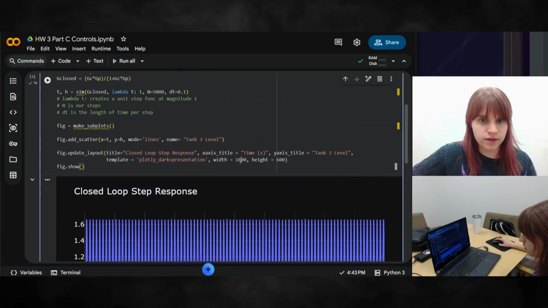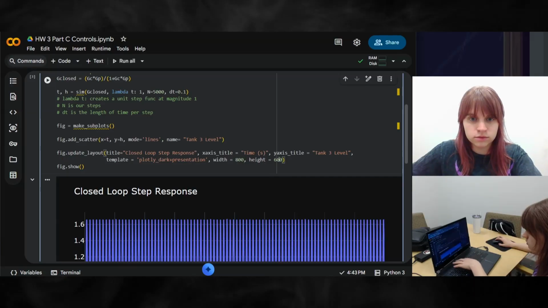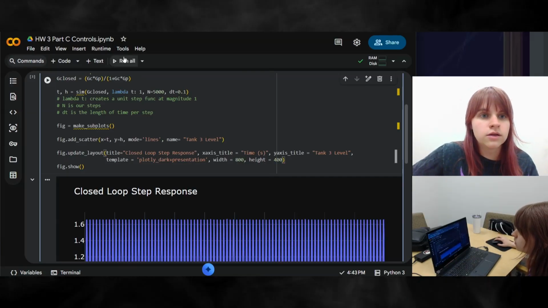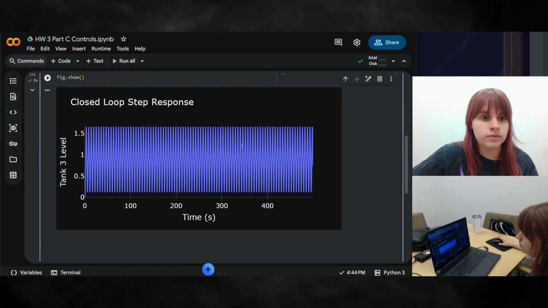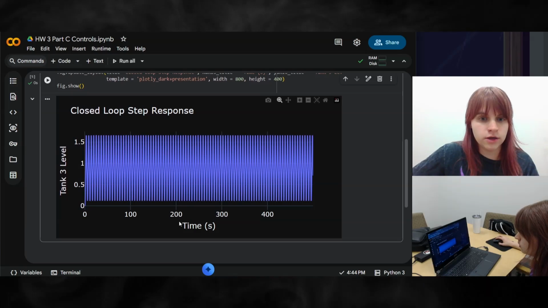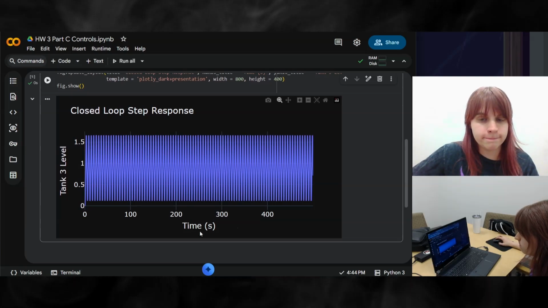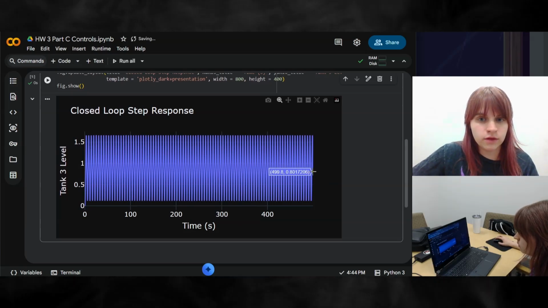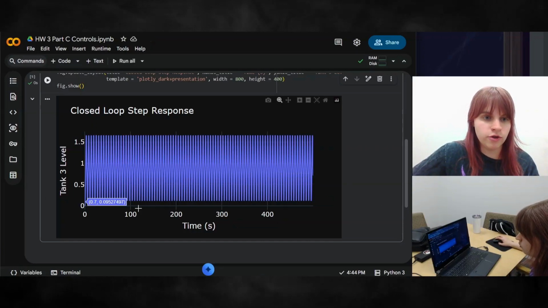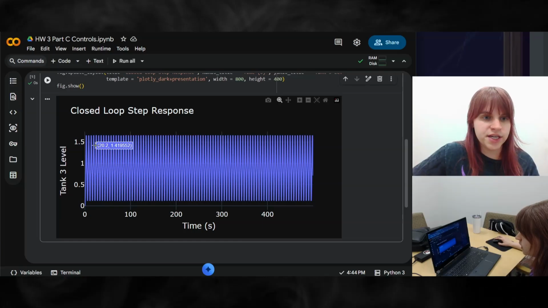Let me make this a little smaller so it's a little easier to see. All right, as you can see, our process is running for 500 seconds, like I was saying. And over time, we're measuring the Tank 3 level.